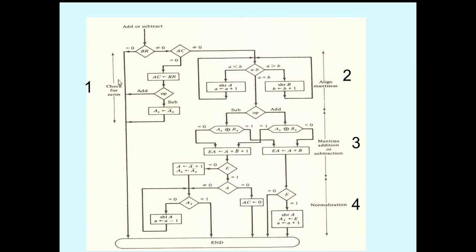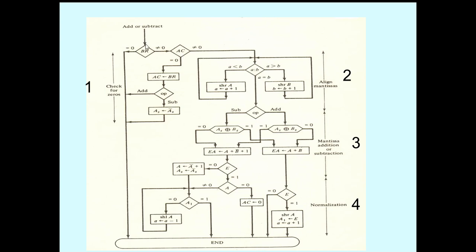So if B is 0, then we have to end the process. And if B is not 0, then we have to check whether AC is 0 or not. If it is 0, then whatever the result was in BR is transferred to AC, and for addition that is the result. Subtraction is nothing but complementing the AS and then ending the process.